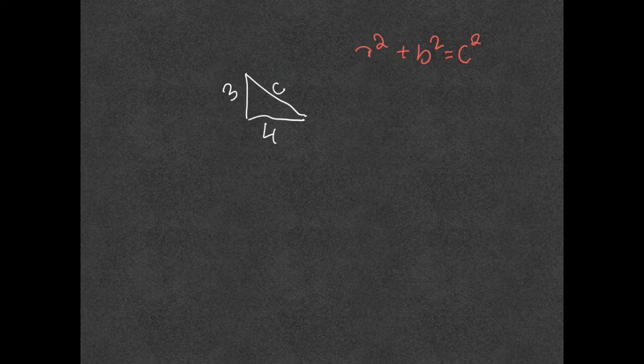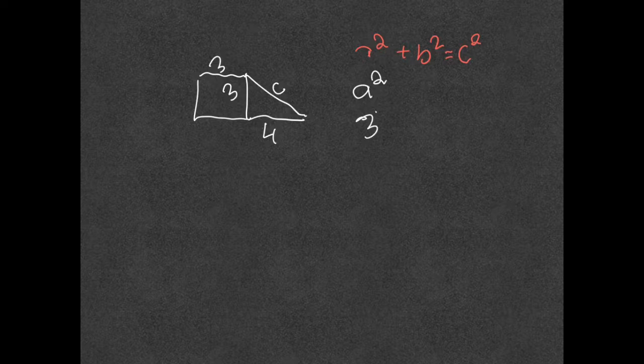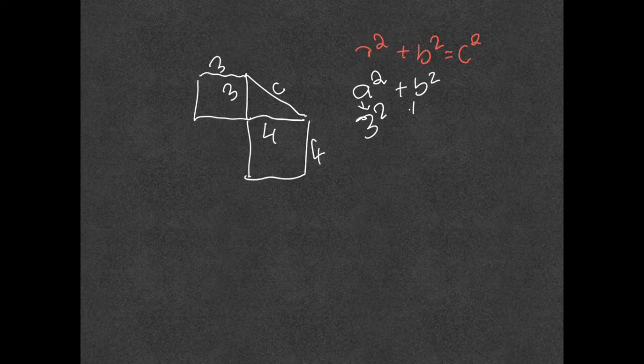So in order to do this, you would do 3 times 3, or A squared, and you could do 4 times 4, which is B squared.